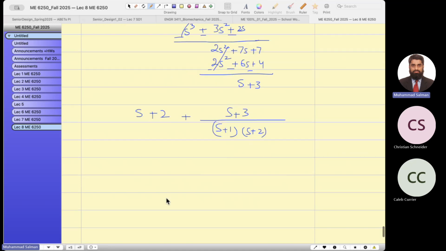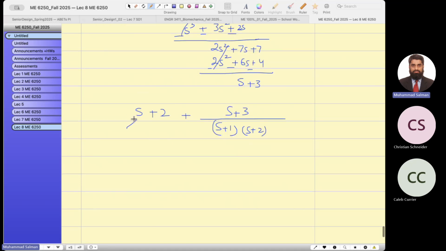So now what is the inverse Laplace of this one? Inverse Laplace of s is the time derivative of the delta function. Inverse Laplace of 2 is the delta function. This you already know from the table.